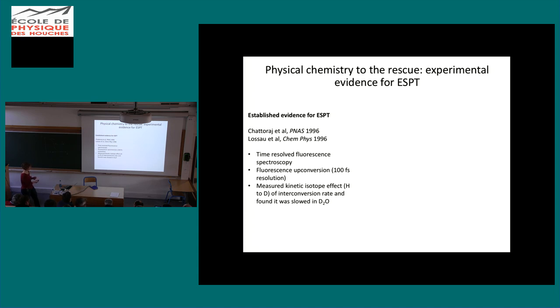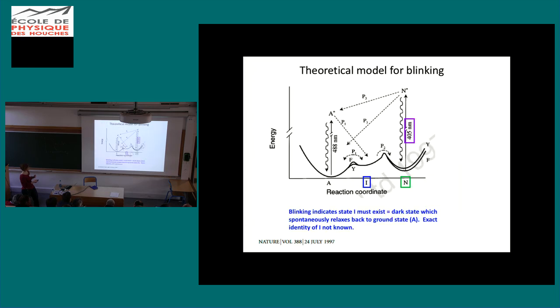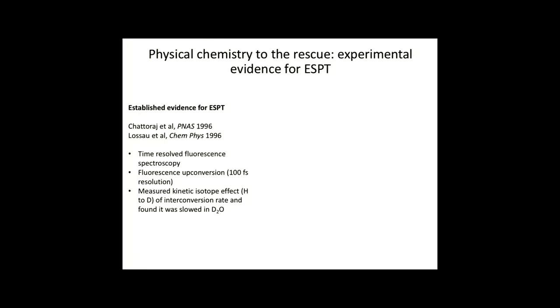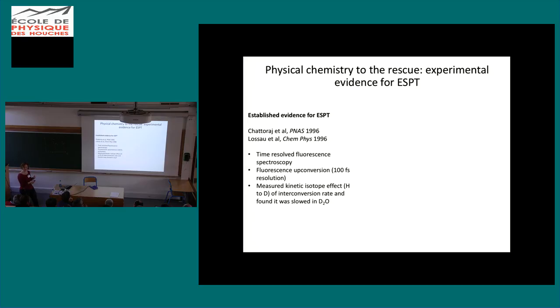And that was indeed what they found here. So in 1996, this is very early on. It's not far from these demonstrations of blinking. In fact, this happened before the demonstration of blinking. That may be why Moerner proposed that it was excited state proton transfer.